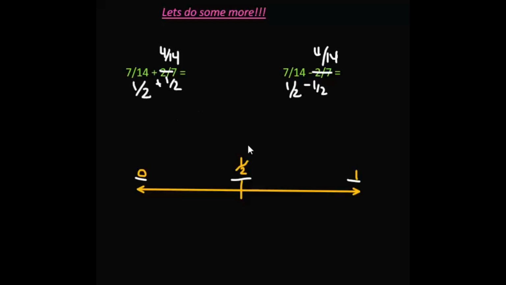So 7 fourteenths is exactly half. So 7 fourteenths would go right here. Okay? And then we have 4 fourteenths. 4 fourteenths is about right here. And we can see that this side is longer than this side. So it is closer to here. So this is 4 fourteenths.